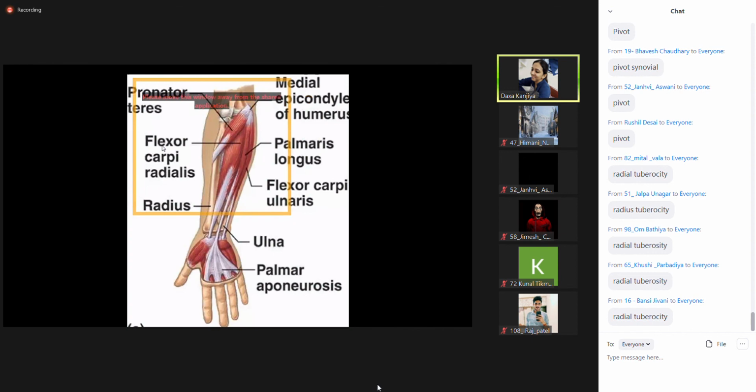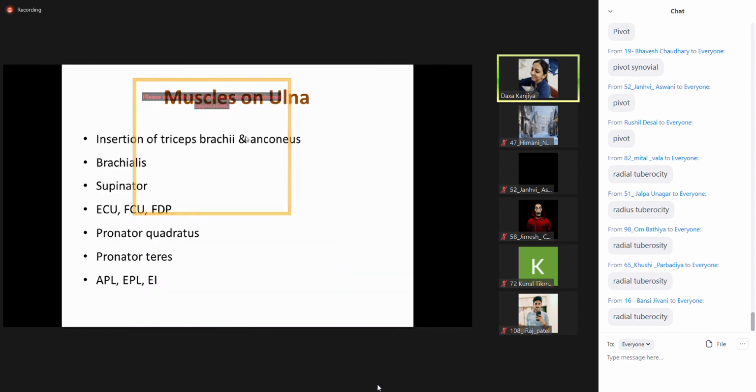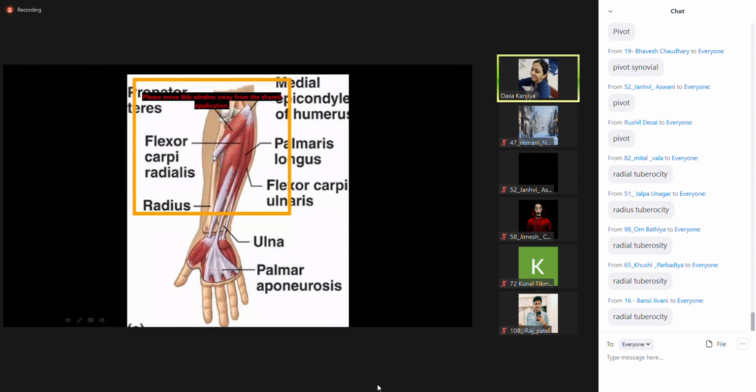The important one is the superficial group of the flexor muscles, with common origin from the medial epicondyle of the humerus. This is the pronator teres inserted on the radius.